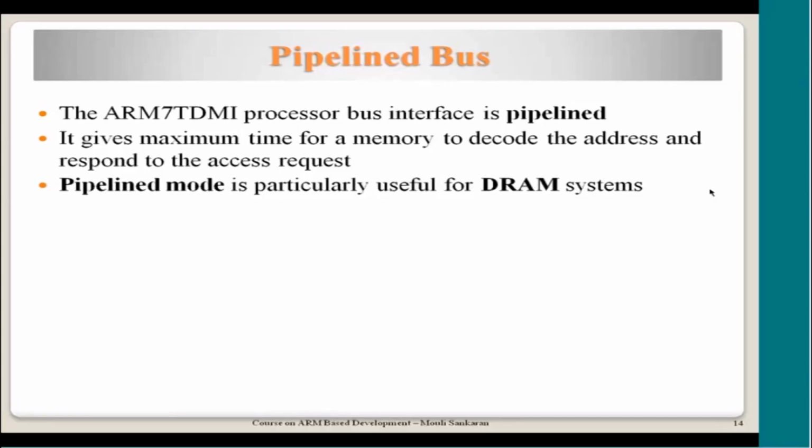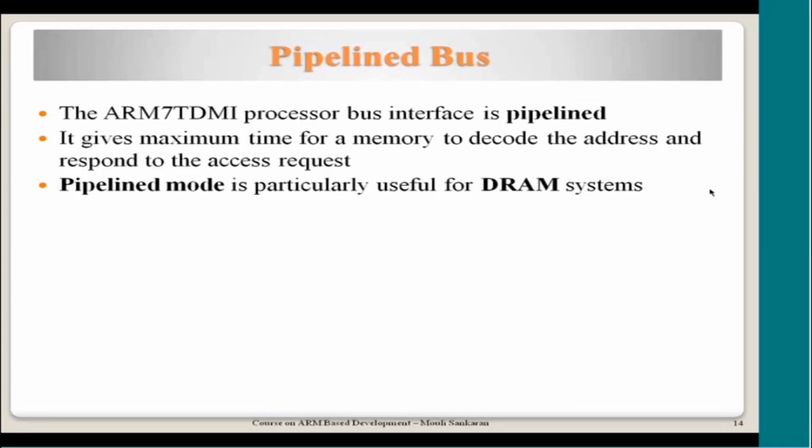This kind of pipeline mode is particularly useful for DRAM, because DRAM has row and column addresses, and it has to resolve a particular cell in the DRAM memory and then get out the value. So it takes some time for decoding the address and then putting the data out on the data bus.